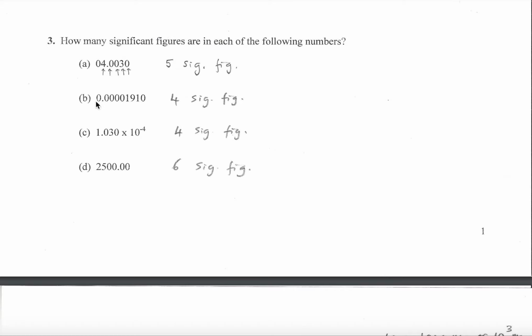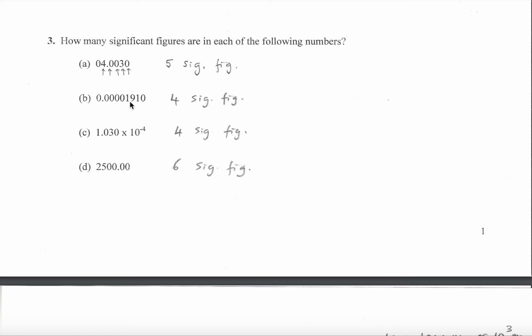Now, the second one: all these 0s on the left side, we don't count them, even though there's a decimal point. These zeros are placeholders. You've got 1, 2, 3, 4. You can convert this into scientific notation, and you don't have to use those 0s at all. That would be 1, 2, 3, 4, and one more to get to the 1 point something.